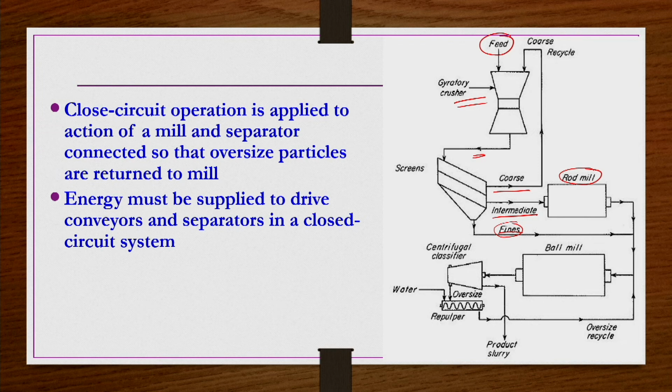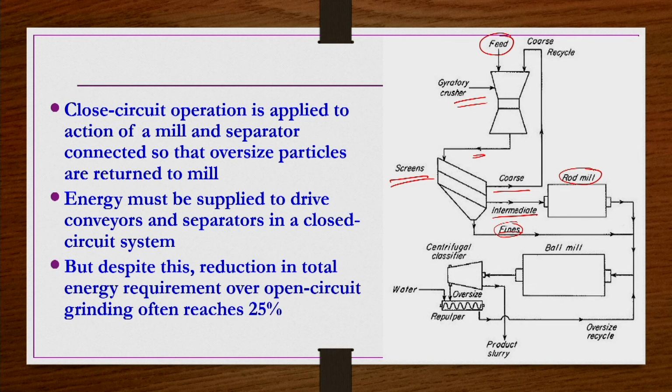However, despite providing sufficient energy for operating these additional things like conveyors and separators, you can still make an energy saving compared to the open circuit operation, and that saving can be as high as 25%.